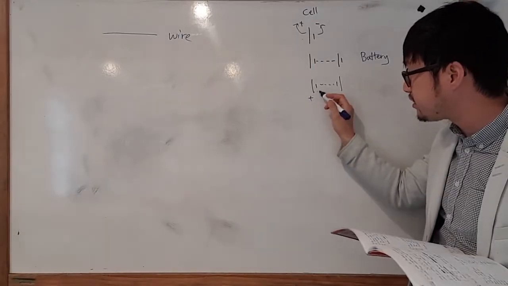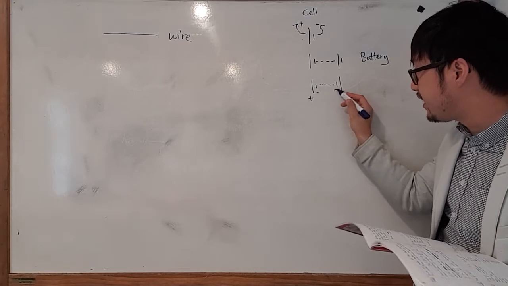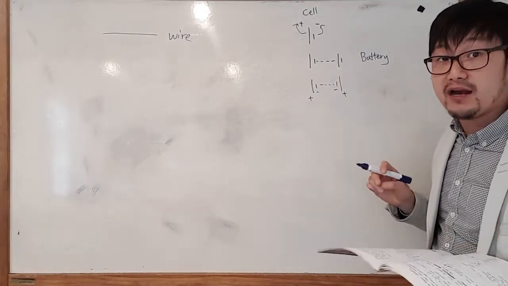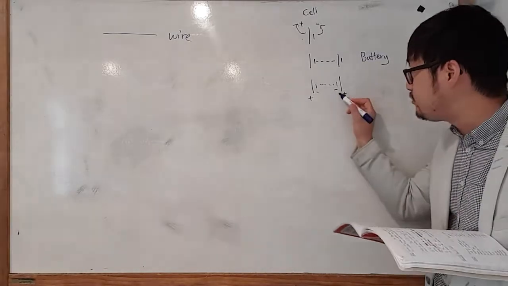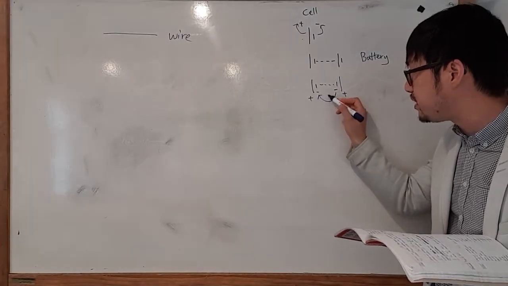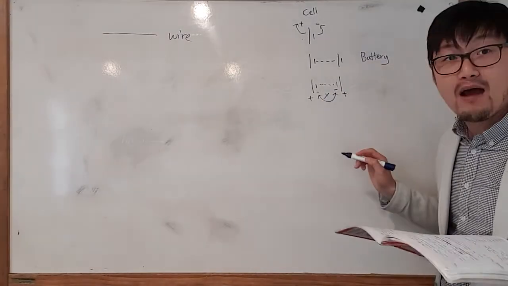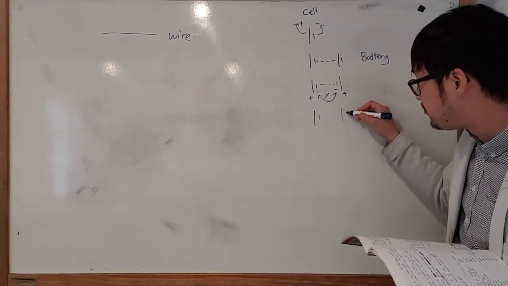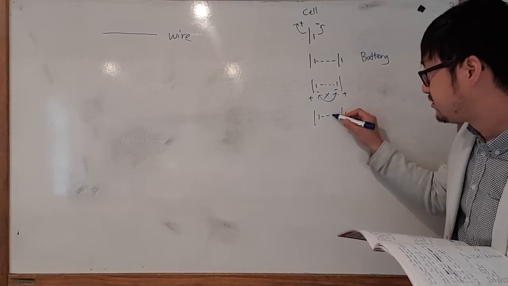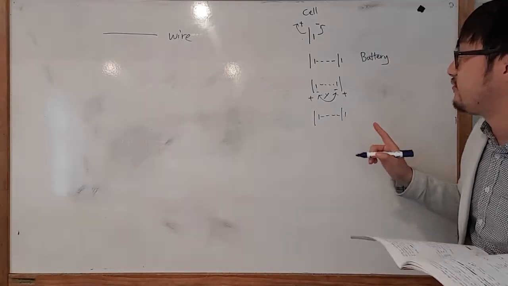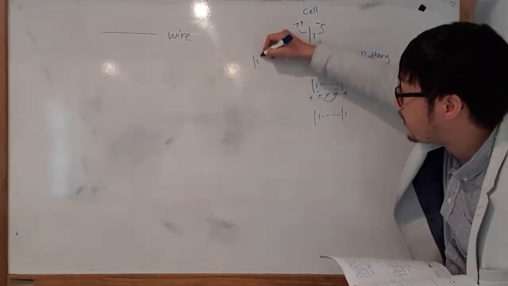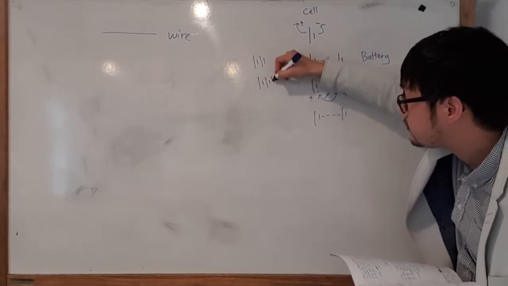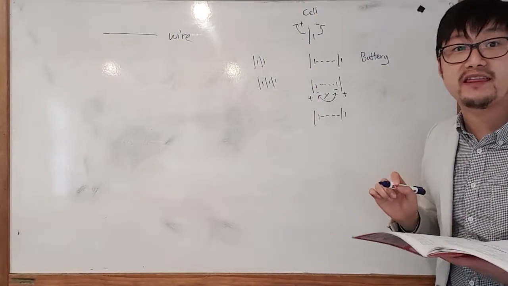If you've used batteries before, you know the negative side cannot be together with the negative side. That would not work. You have to put a negative side with the positive side. That's how you line batteries together. For example, a 2-cell battery is drawn like that, and a 3-cell battery like that.